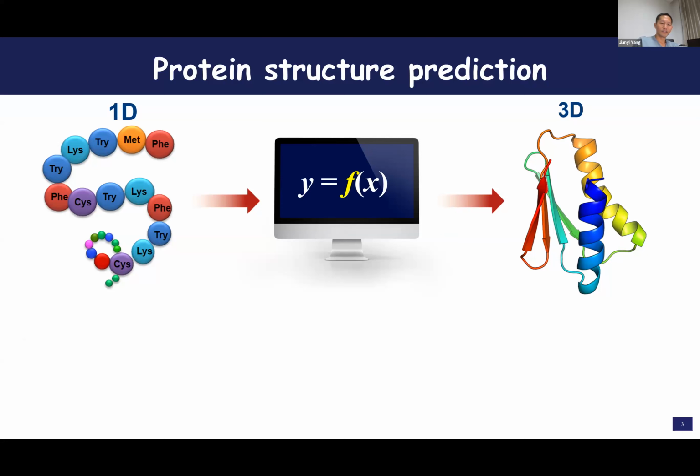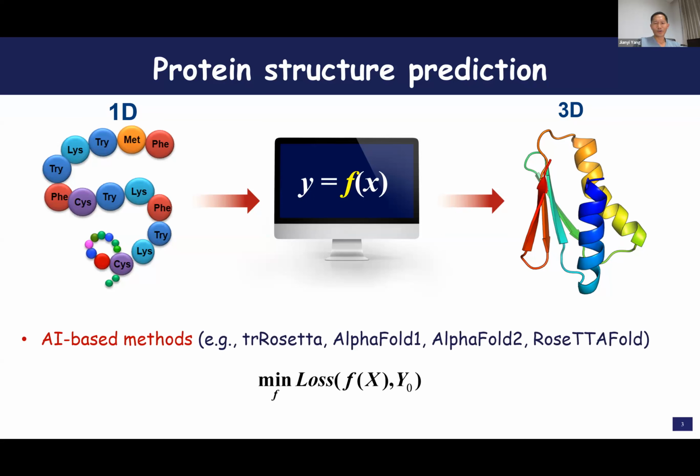But recently it was almost solved, especially for single domain protein structures, by AlphaFold 2. Of course, before AlphaFold 2 there were many other works, including our own trRosetta in collaboration with David Baker, and also others. This AI-based method is to minimize the loss between the predicted label f(x) and the true label y0.